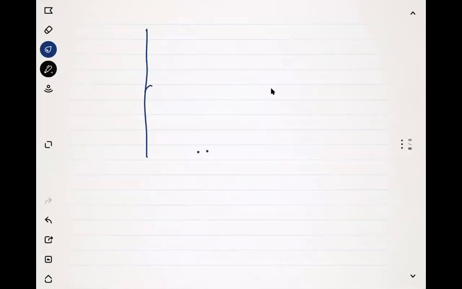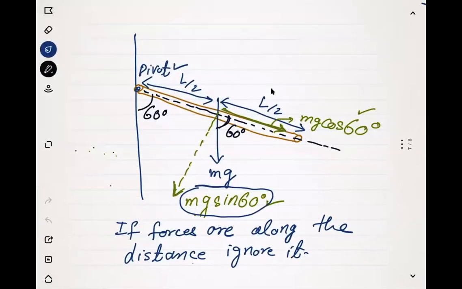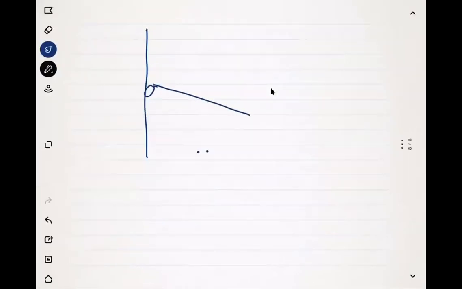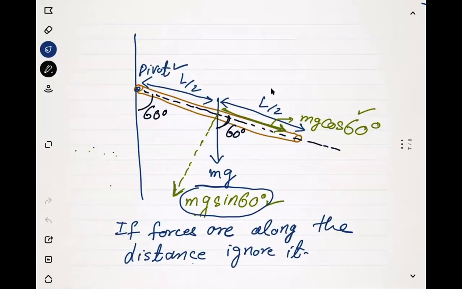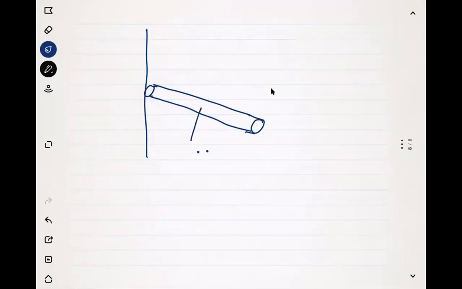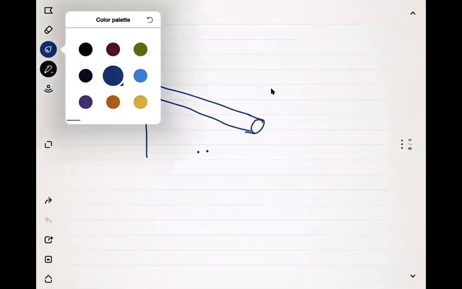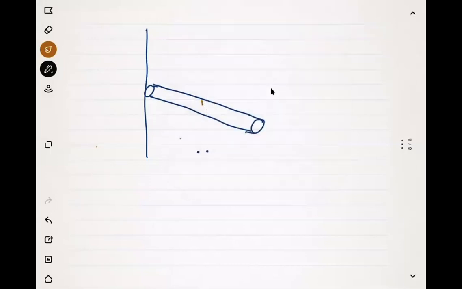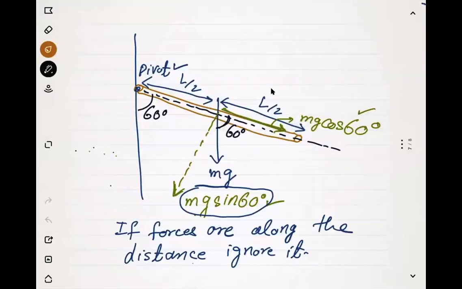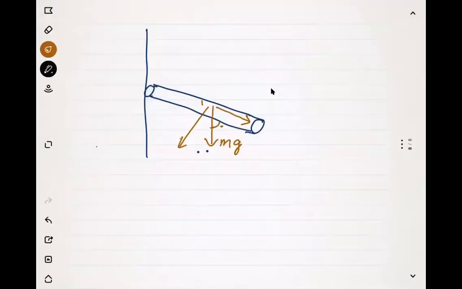However, in the given example, if the weight is resolved into mg cos 60 and mg sin 60, the angle of mg is 60 degrees.